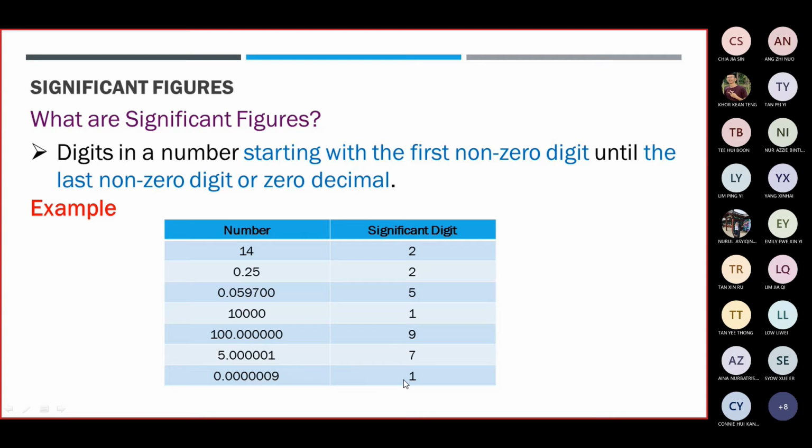Okay, so this is how decimal numbers differ from significant figures, and how to determine the significant figure or significant digit.